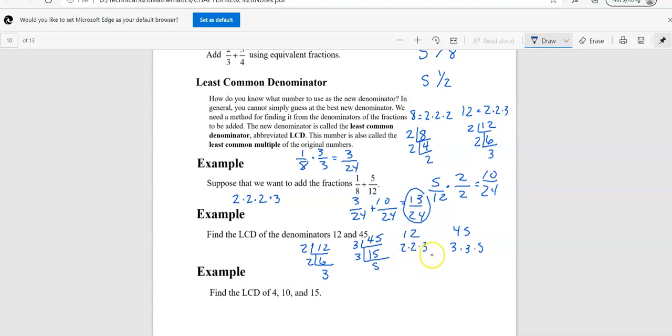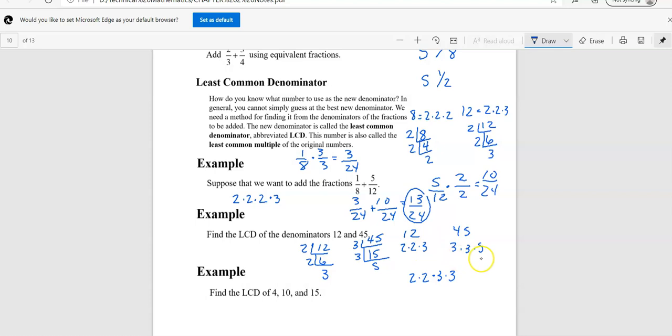And remember, we have to look at both lists and list the most amount of times it's in either list. So I've got 2 2s here. It doesn't matter that I don't have any over here. I want to list the most amount of times. So 2 or none, we would list it 2. I've got 1 3 or 2 3s. Well, 2 3s would be the most it's listed in either group.